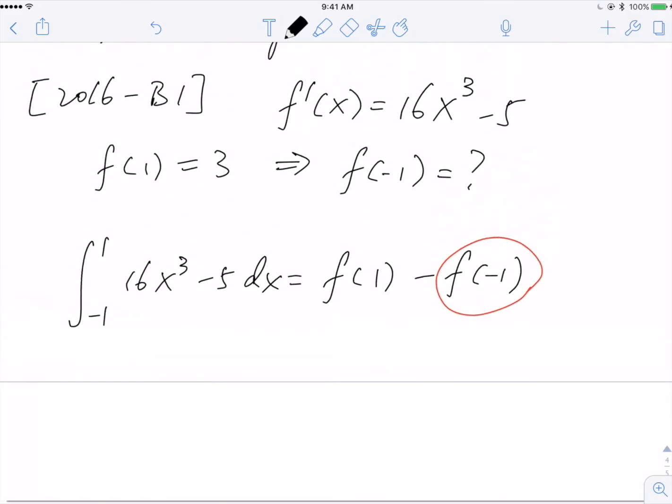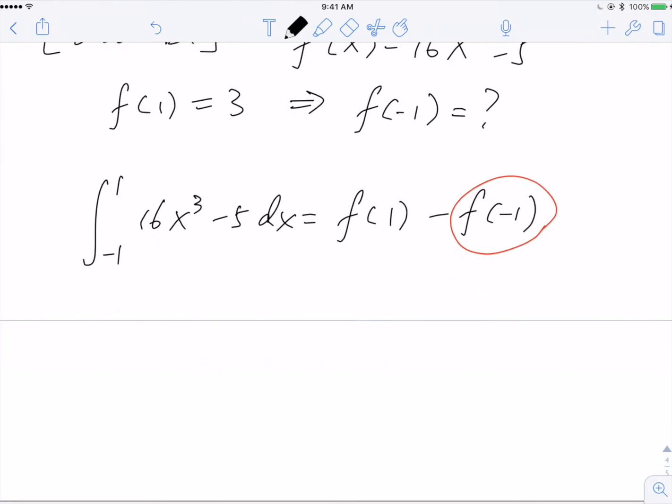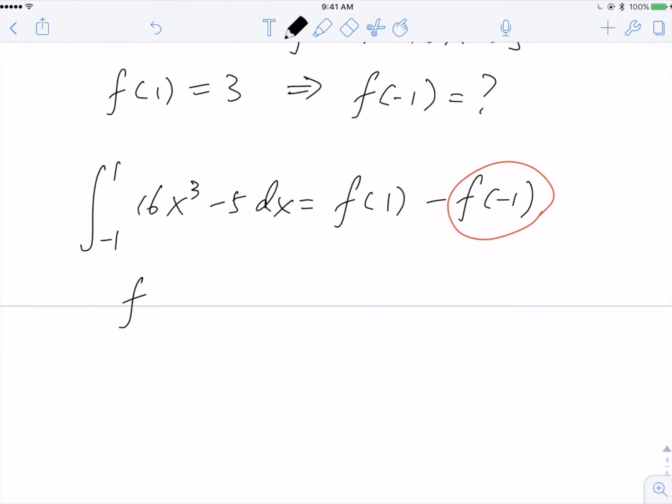So we say that f of negative 1 equals f of 1 minus the integral from negative 1 to 1 of (16x cubed minus 5) dx.